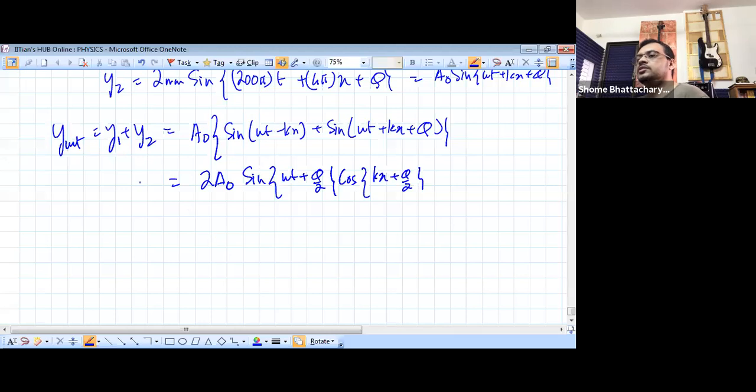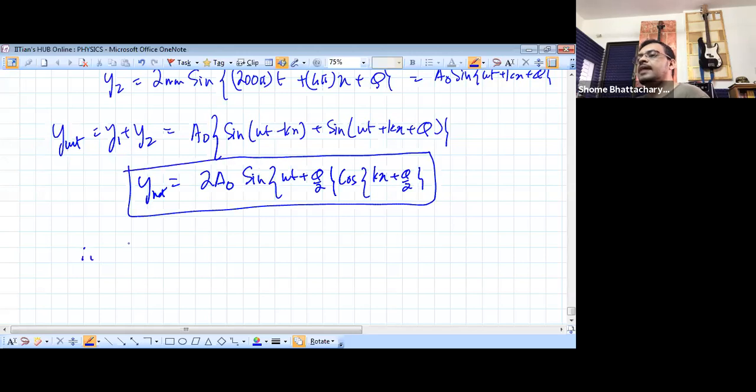So this is the net. Now from this you can see that therefore the amplitude at any position as a function of x is nothing but 2a naught cos kx plus phi by 2.